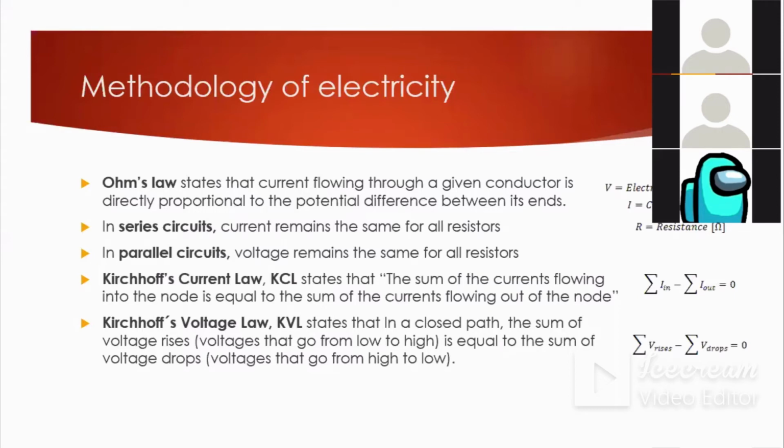And finally we have Kirchhoff's voltage law, which states that in a closed path, the sum of voltage rises, voltage that goes from low to high, is equal to the sum of voltage drops, voltage that goes from high to low. This basically means that the voltage leaving a node in a circuit is equal to the voltage getting into the node.